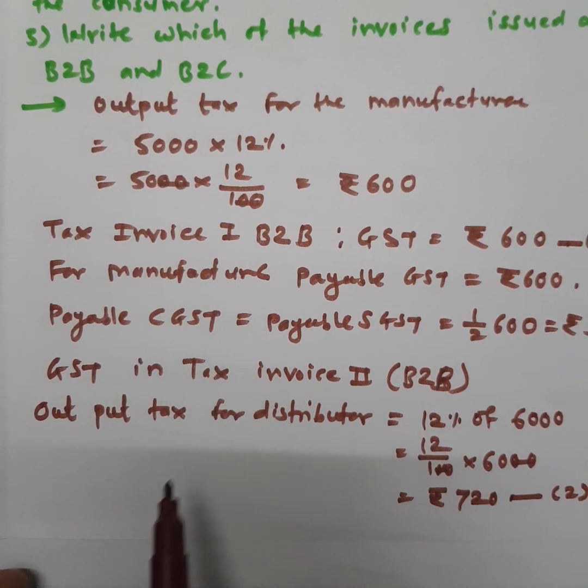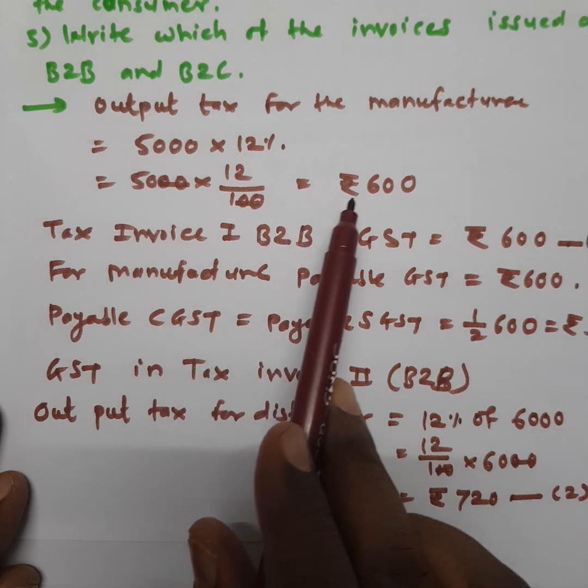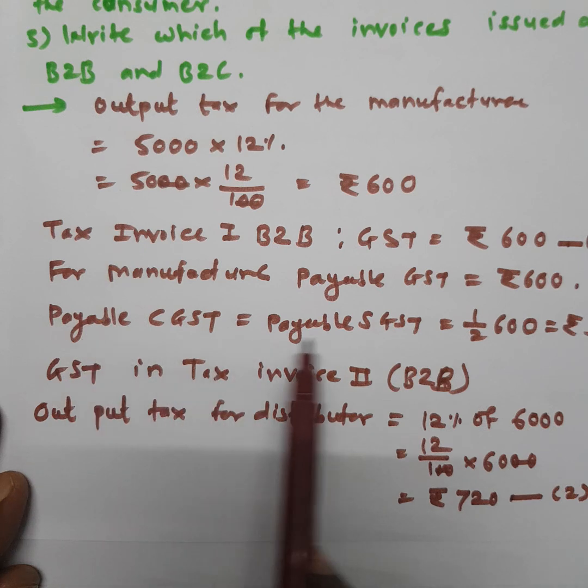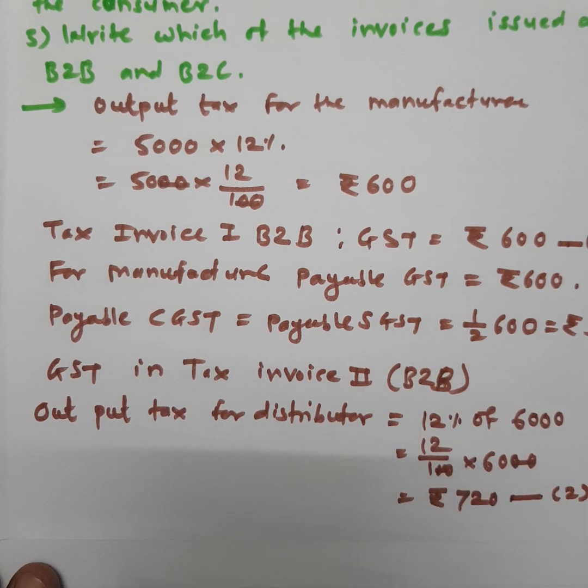Therefore, for manufacturer, total tax payable is 600 rupees, payable CGST and payable SGST 300 rupees.